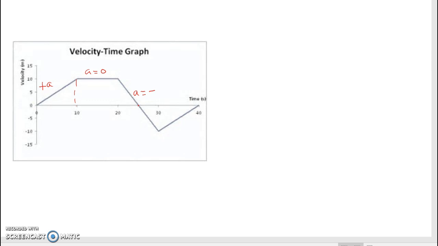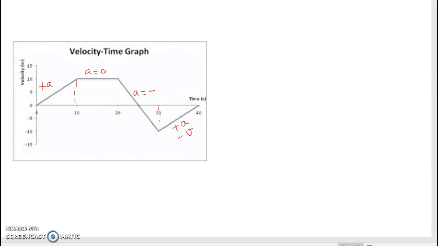And then you can see that the speed is decreasing back to 0 and it's still going in the negative direction. So positive acceleration. During this interval from 30 to 40 seconds, the acceleration is positive, but the velocity is negative, which is the reason why it is slowing down.